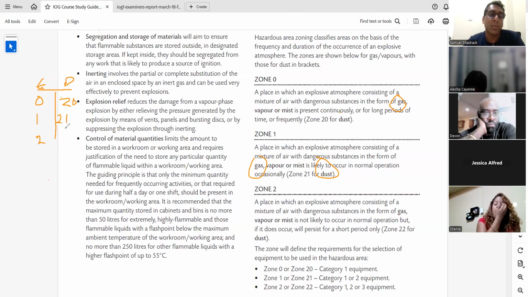And what the numbers mean is that you are working in that type of atmosphere, that you are in it.